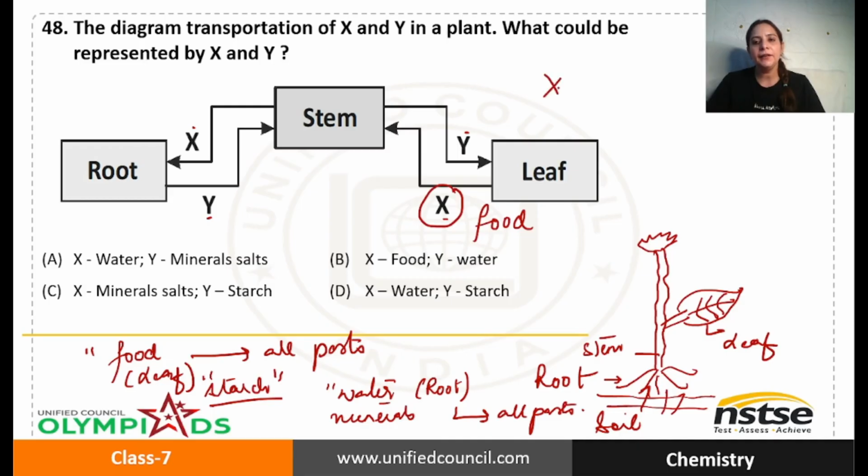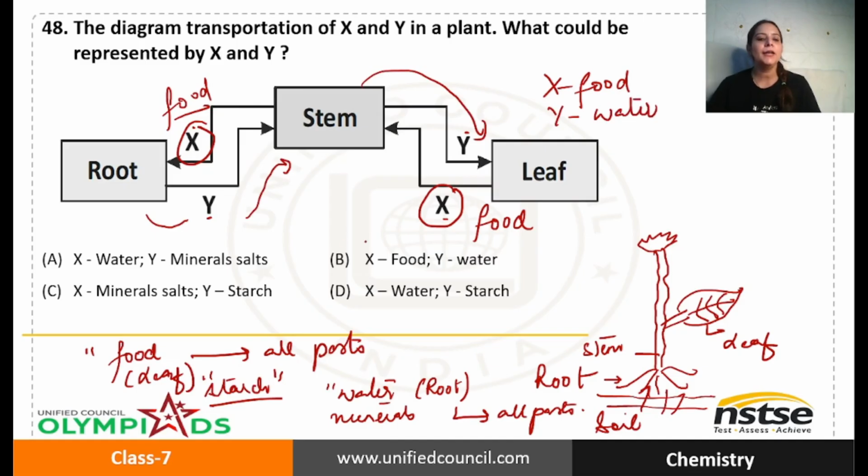So X is identified as food. X to root, again it is food, because stem can only act as a passage to transfer food. Now here something is transferred from root to stem and then from stem to leaf. Undoubtedly it is water, or we can write minerals also, because this is what the plants get from the soil.